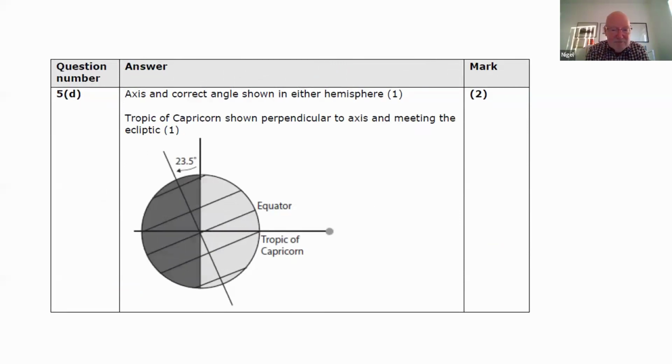And there it is. So you've got the Earth's axis tilted at 23.5 degrees to the vertical. You've got the equator, but the light from the right-hand side, that little dot, I think, is supposed to be the sun. That little blob on the right-hand side is the sun.